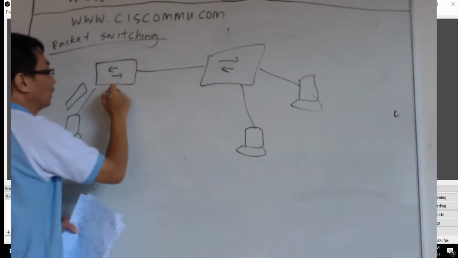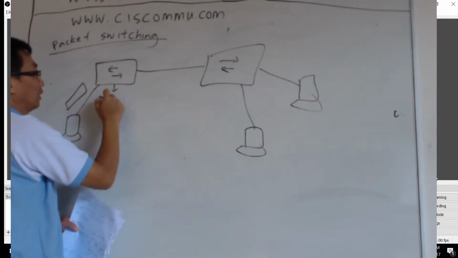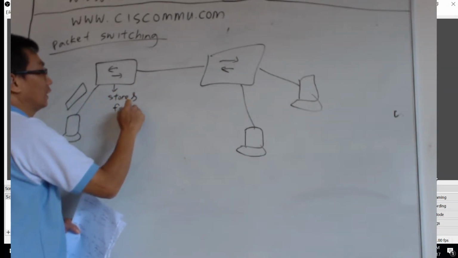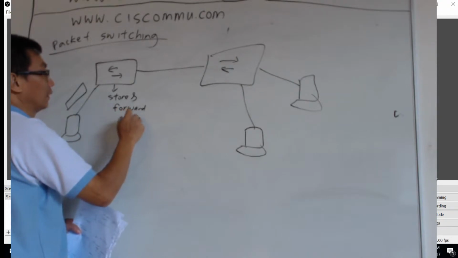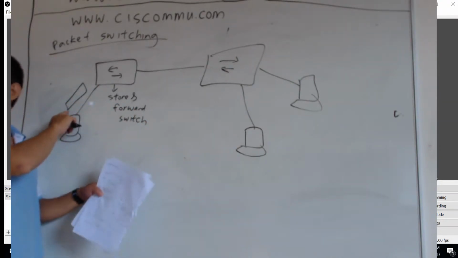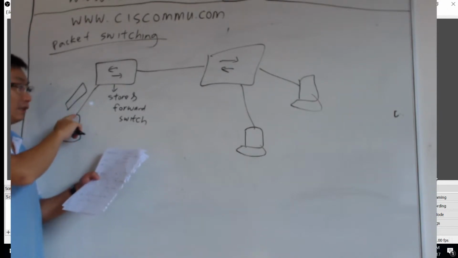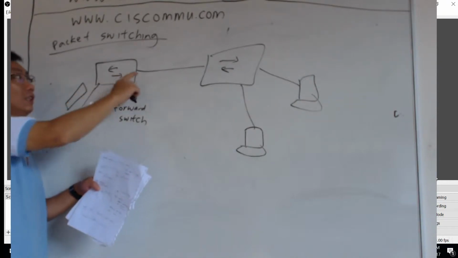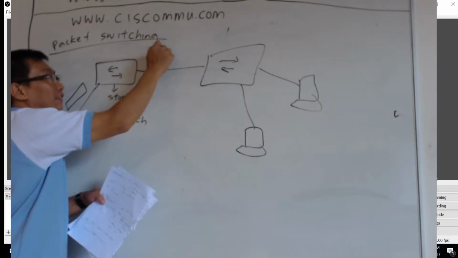This one is a store and forward switch. Meaning, you send a packet from here to here, so this line to this line is free, isn't it?